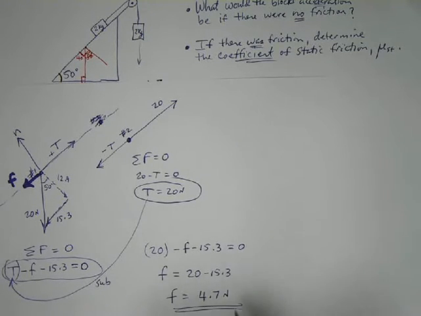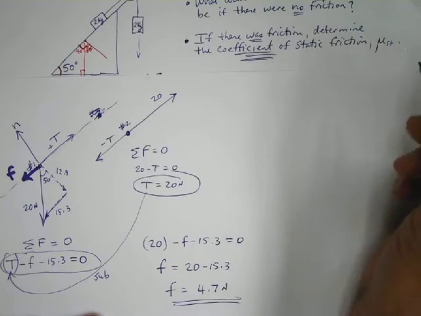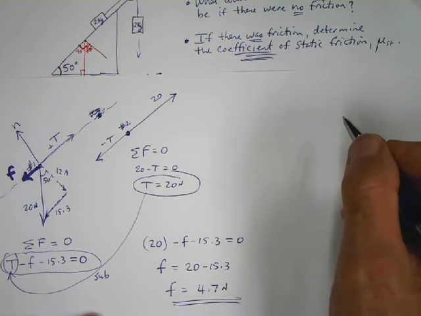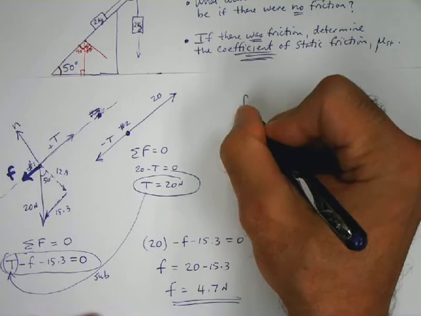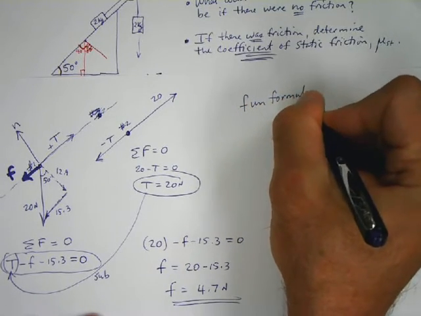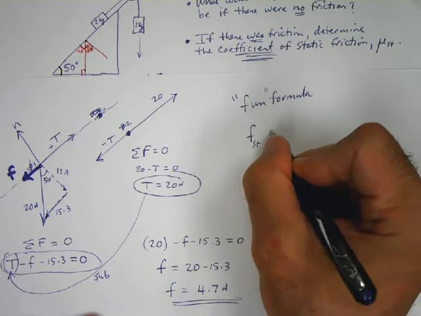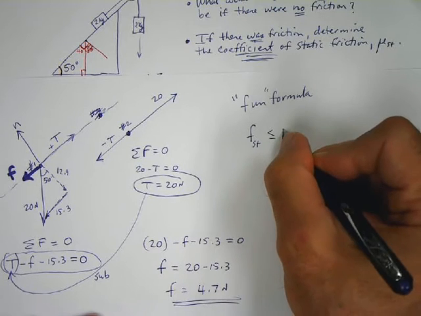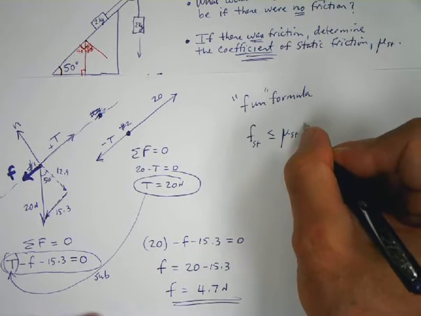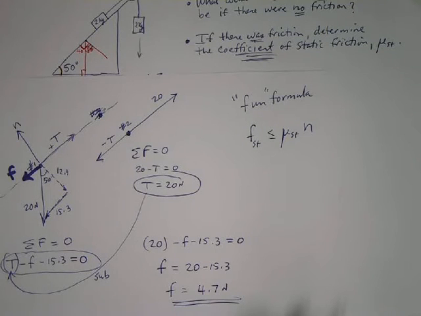Now it didn't ask what the frictional force was, but that will be very helpful. What it asked for was the coefficient of friction, and that's mu. So we have to think about the fun formula. Remember the fun formula, where static friction is less than or equal to the coefficient of static friction times the normal force.